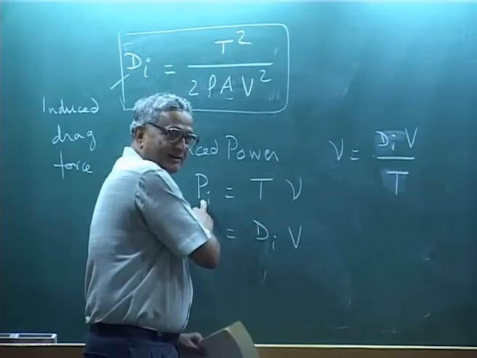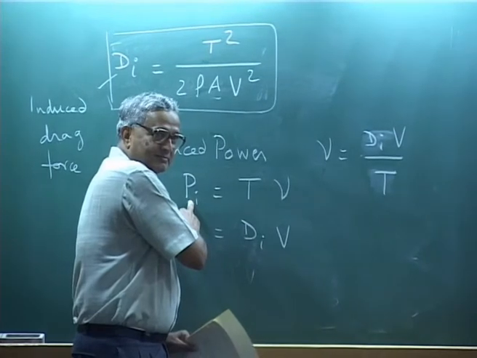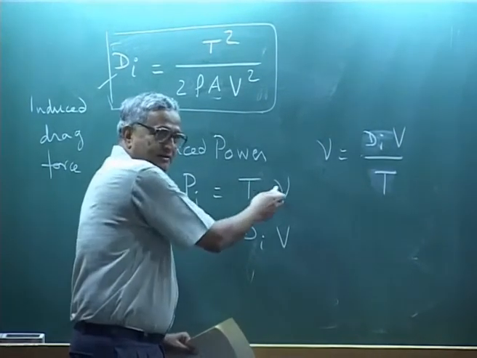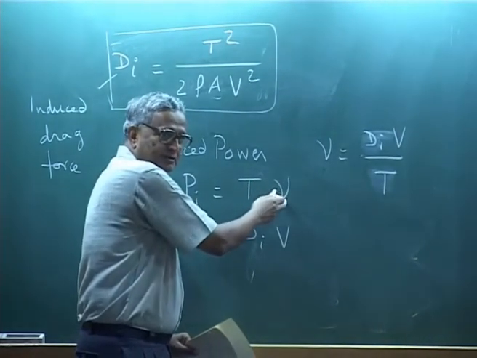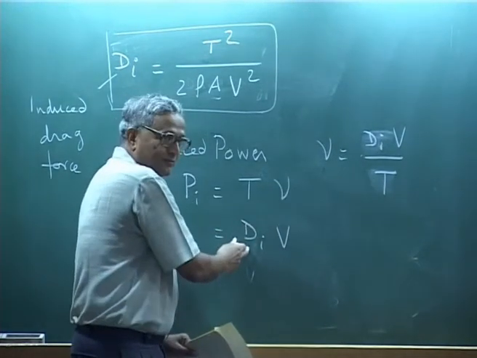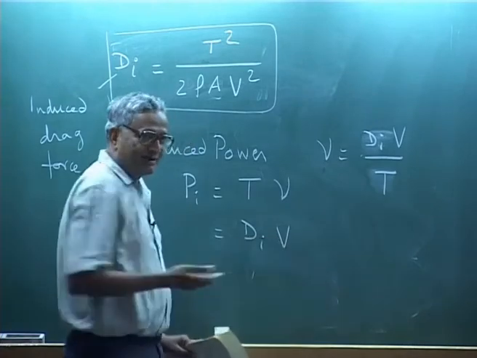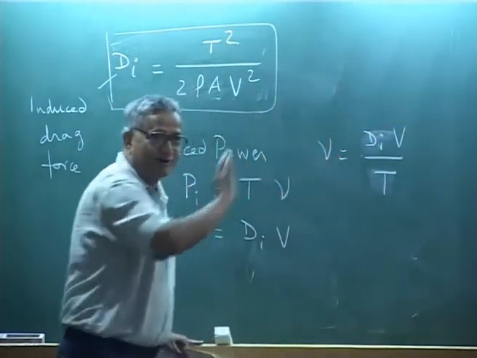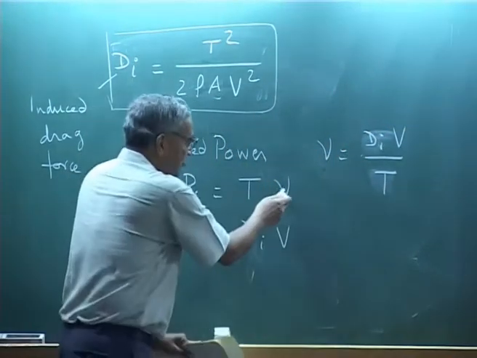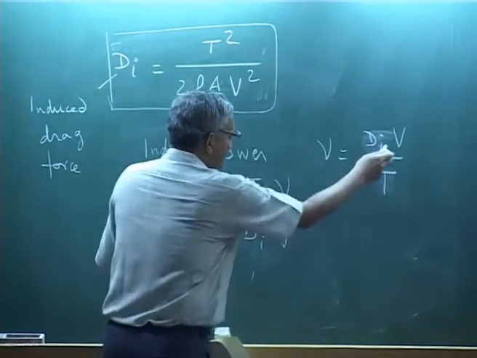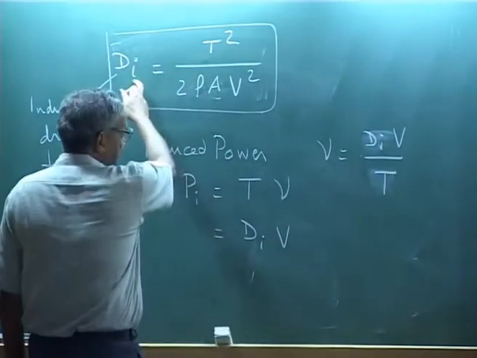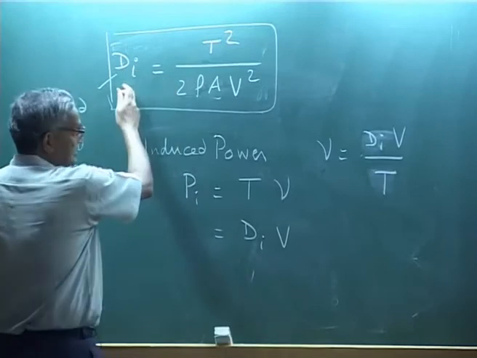For the rotor, this is the induced power, T into nu. For the wing, this is the induced power, because this is the induced drag into the velocity; you are dragging it in forward flight. Now I want nu is DI V over T. Now you know DI over T.